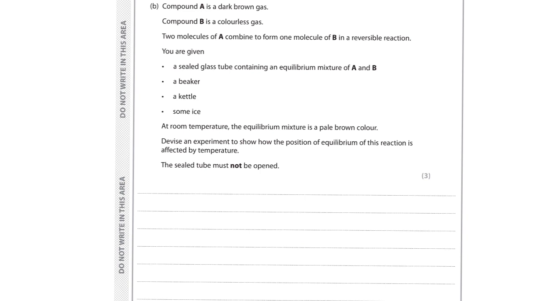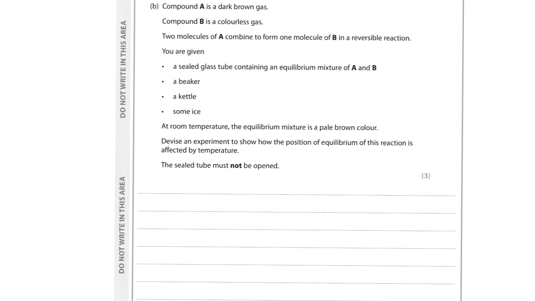Part B says compound A is a dark brown gas. Compound B is a colourless gas. 2 molecules of A combine with 1 molecule B in a reversible reaction. You are given some equipment. At room temperature, the equilibrium mixture is a pale brown colour. Devise an experiment to show how the position of equilibrium of this reaction is affected by temperature.